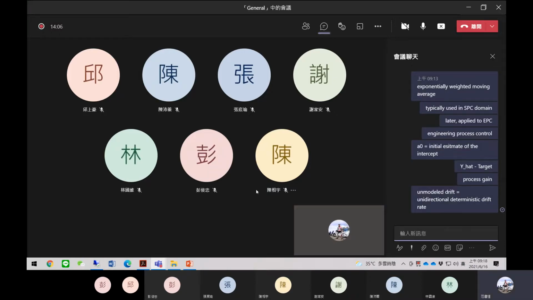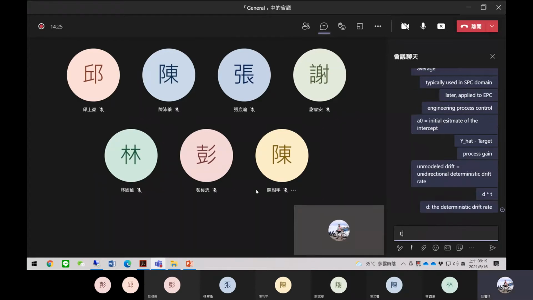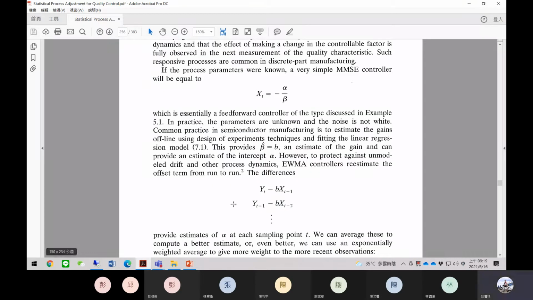This is like a D, the D times T. D is the drift, and T is actually the number of batches.